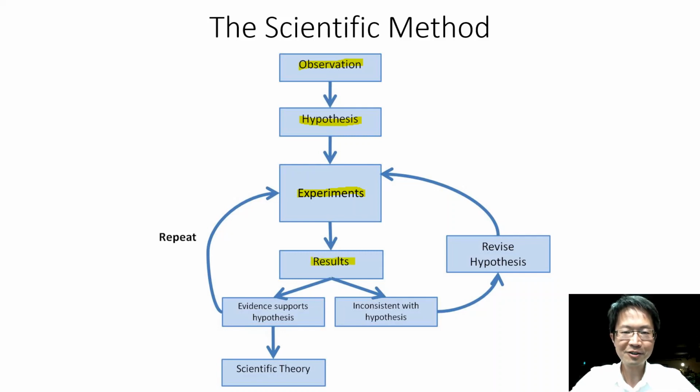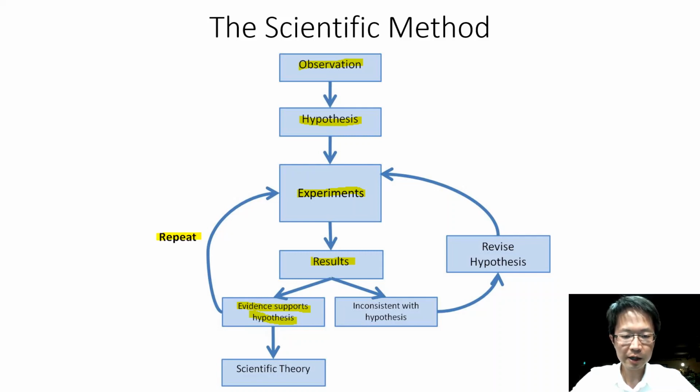The results of the experiment, then they will analyze the data, analyze the results. Well, there are 2 possibilities. If you are lucky and the result of the experiment supports the hypothesis, then what happens? Then the scientists will repeat the experiment.